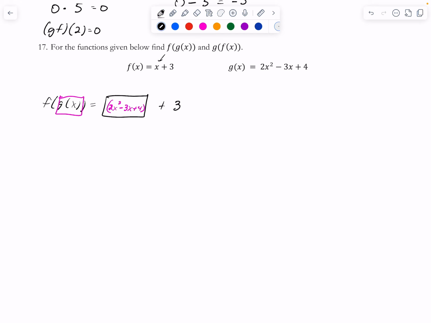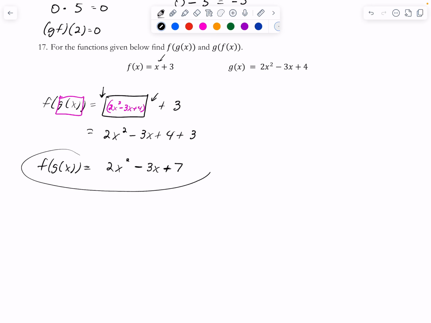Now there's nothing that's multiplying in front or anything behind it, so I'm going to take off the parentheses and just bring it all down. And then I have my like terms. My like terms are 4 and 3. So the answer is 2x squared minus 3x plus 7. All right. This is not factorable, but even if it was factorable, you don't need to factor it. So just leave it like that, even if it were to be factorable.